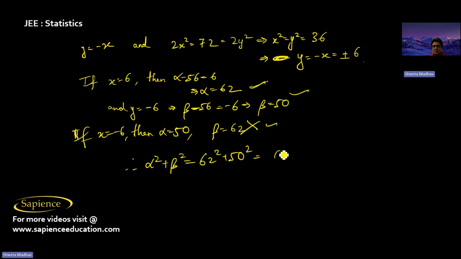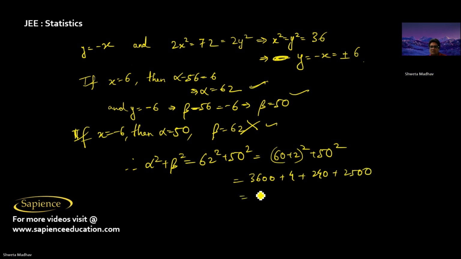So now 62 square means 60 plus 2 whole square, plus 50 square. So 60 whole square means 3,600, plus 2 square is 4, plus 2ab: 2 2s are 4, 4 6s are 24, so 240, plus 2,500.